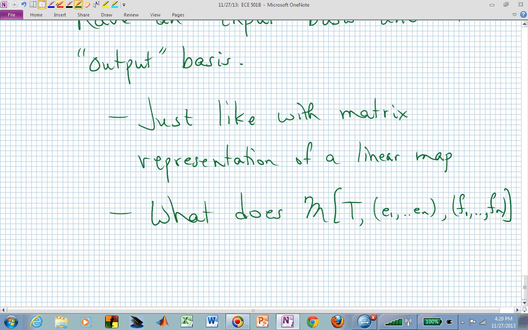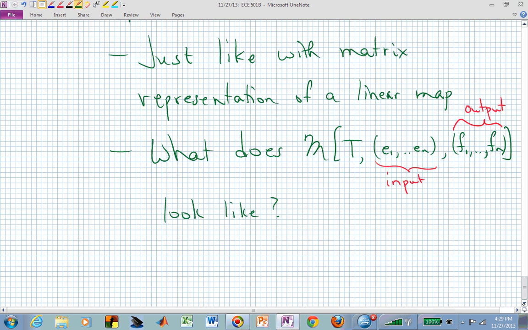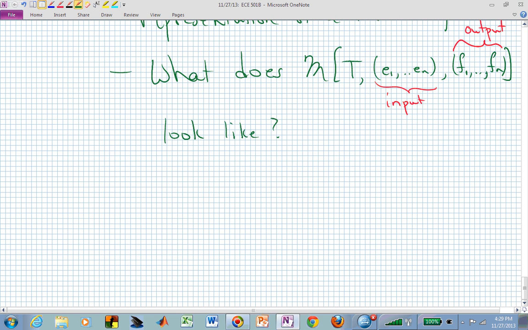You could think of this as the input basis, and there's the output. That's going to look like a diagonal matrix with the S's on the diagonal.